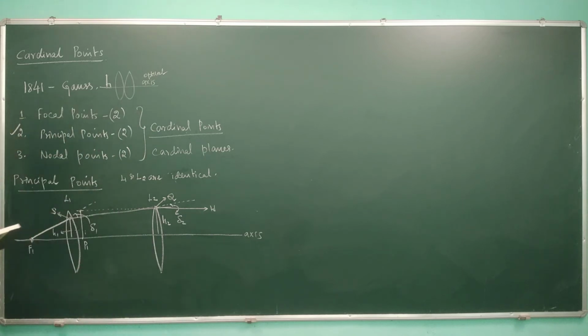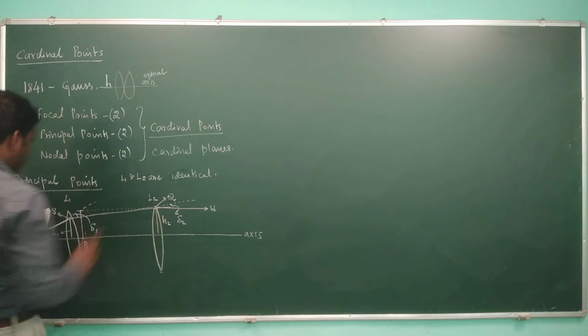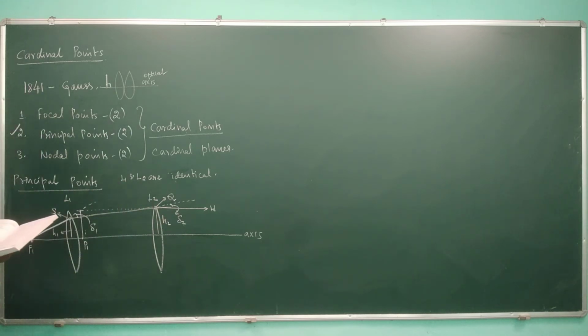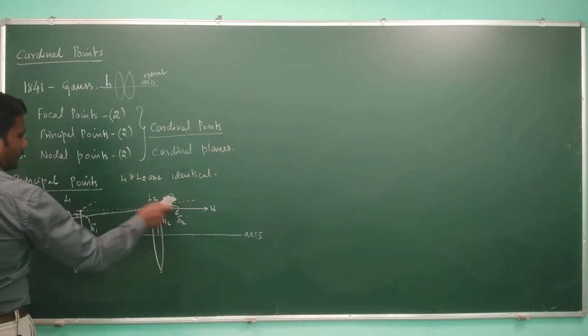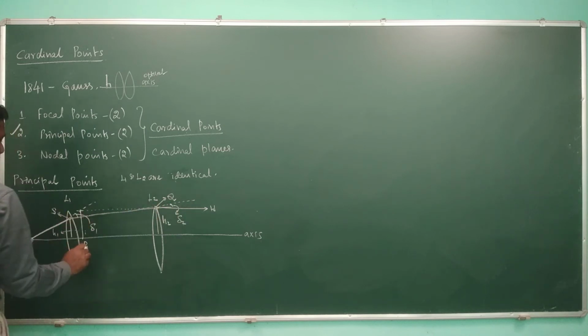It is the angle of deviation 2 at lens 2. Fine. So this point P1 is defined as a principal point. Simply, we have defined it by extending the unrefracted straight line of the first ray and the backward extension of the refracted ray from the second lens. This point is the principal point 1.